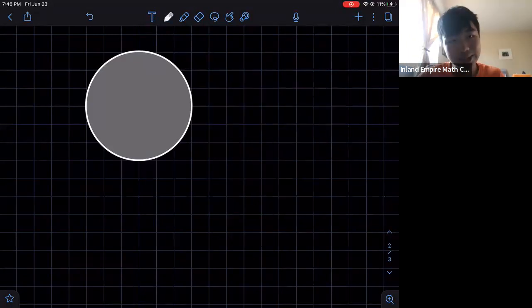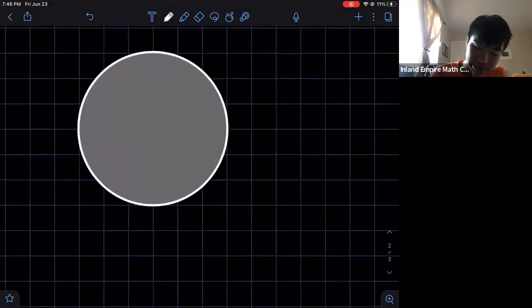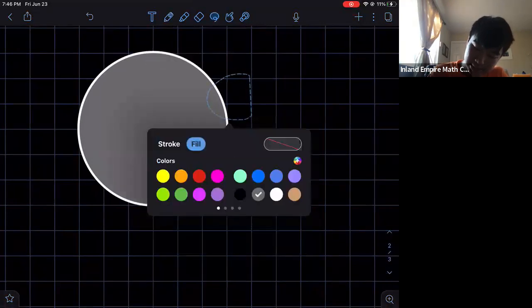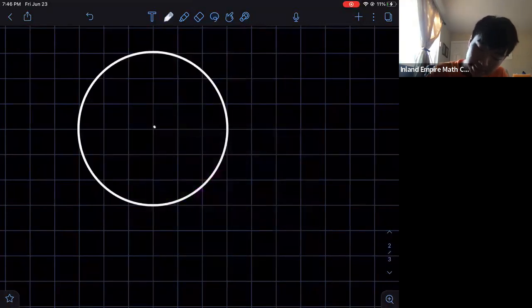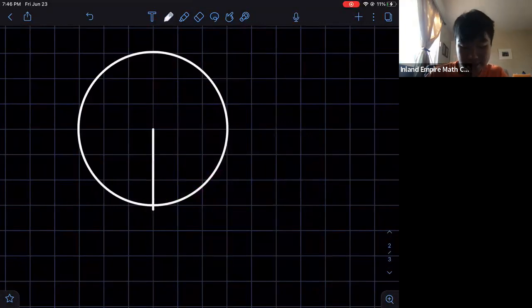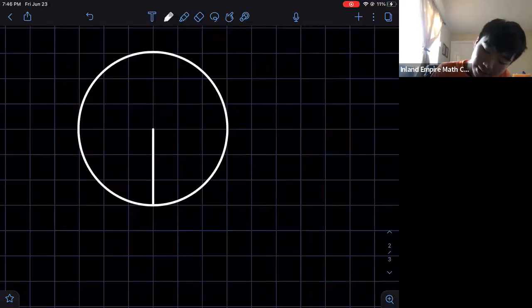Well, instead, we can also use the idea of pi. So let's take a circle and split the circle down the middle, down the radius like this. In this circle, we can actually kind of unwind the circle.